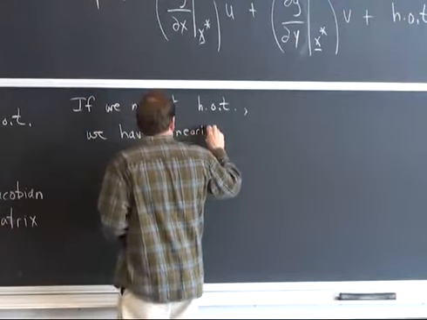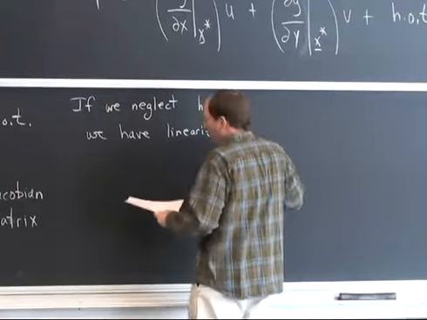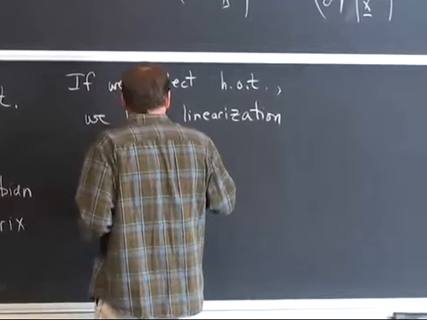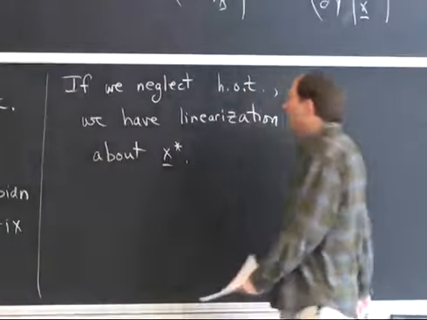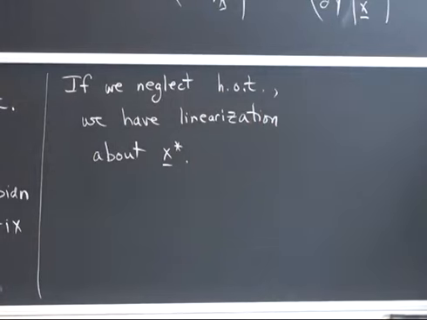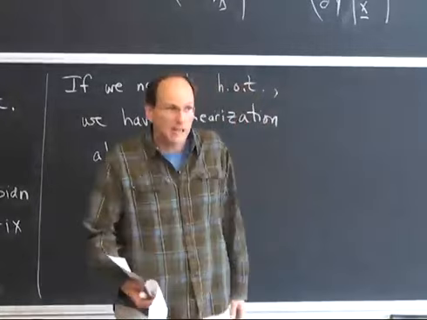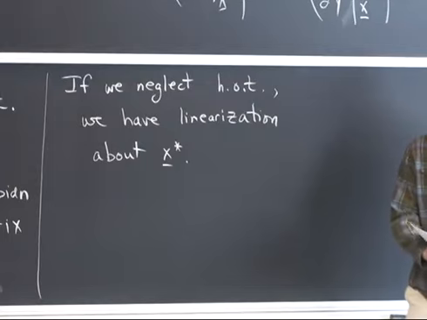The linearization, or the linearized system, are two terms used for it, about the fixed point x star. And so you can probably guess that that's what we're going to do, but that is, we are going to neglect the higher order terms. We should be careful about that because sometimes it can cause trouble.